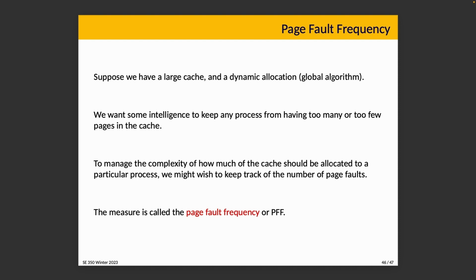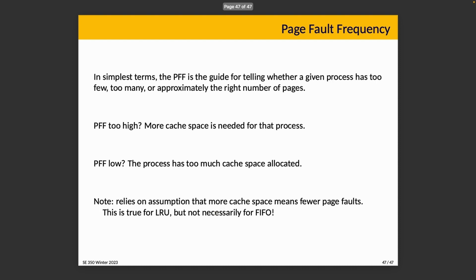Well, a process that has too few pages has a lot of page faults. And to manage the complexity of this, we might wish to keep track of the number of page faults using a measure called the page fault frequency. So this is, in simplest terms, a guide for saying whether a given process has too few, too many, or about the right number of pages in the cache.